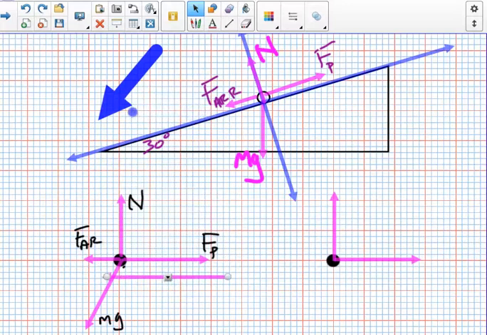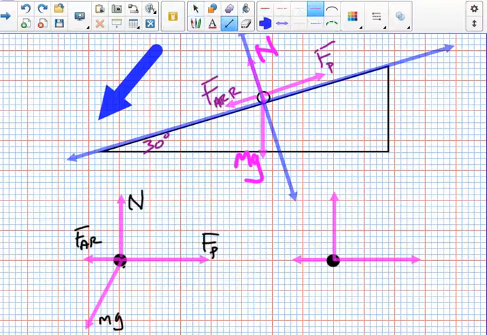Likewise, our force by the air resistance is the same, but weight has components. So the weight is going to have a y component and an x component that is pulling to the left as well.